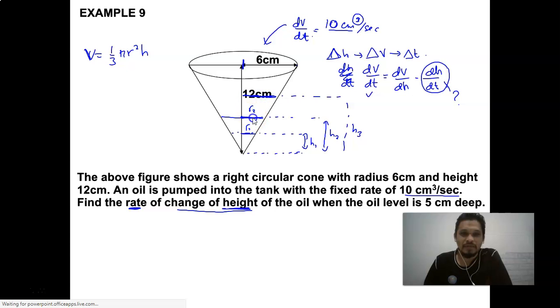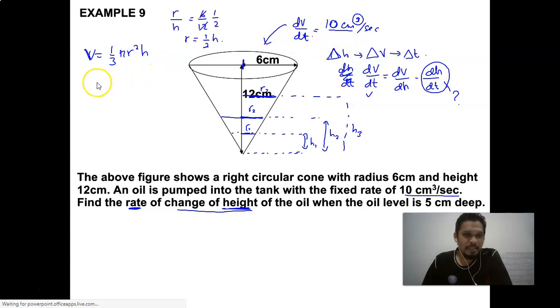This radius is different from here and different from this, where r3 is greater than r2, greater than r1, and on top of that, 6 is greater than r3. So there is a ratio of the radius to the height: the ratio of r and h equals 6 and 12, the radius and the height. 6 over 12 is 1/2, and r equals half of the height.